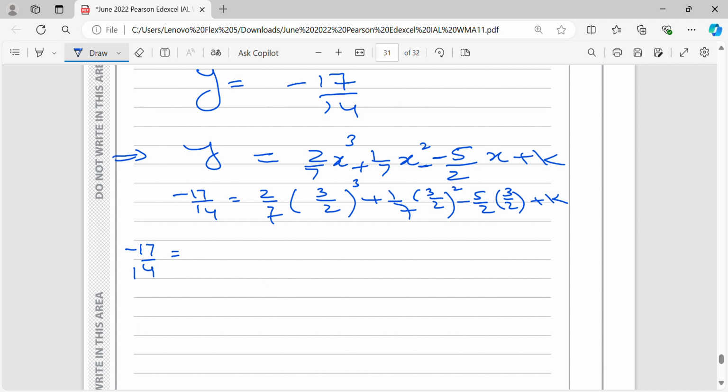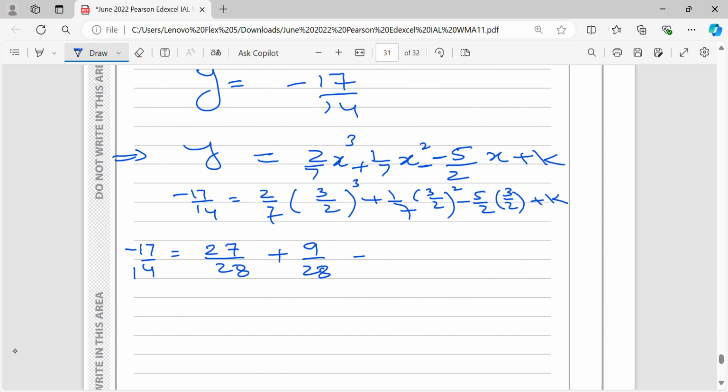So 2 over 7 into 3 raised to power 3 is 27 and 2 raised to power 3 is 8, and that is 27 over 28, plus 1 over 7 times 3 raised to power 2 is 9, and 2 raised to power 2 is 4, and this is 9 over 28.